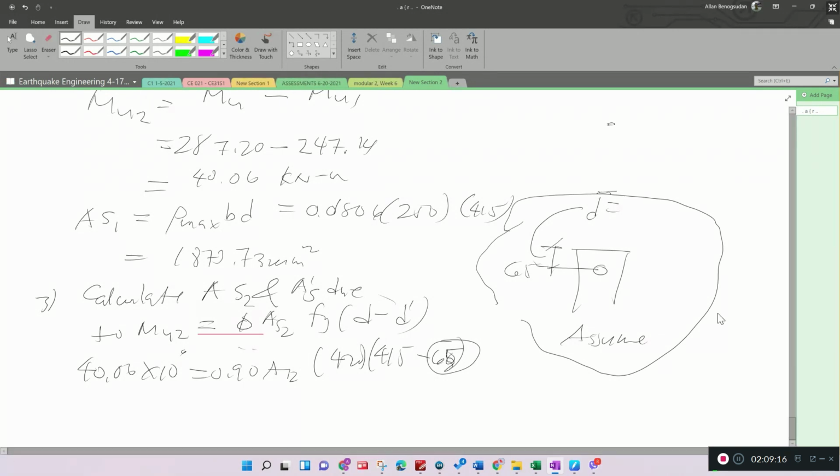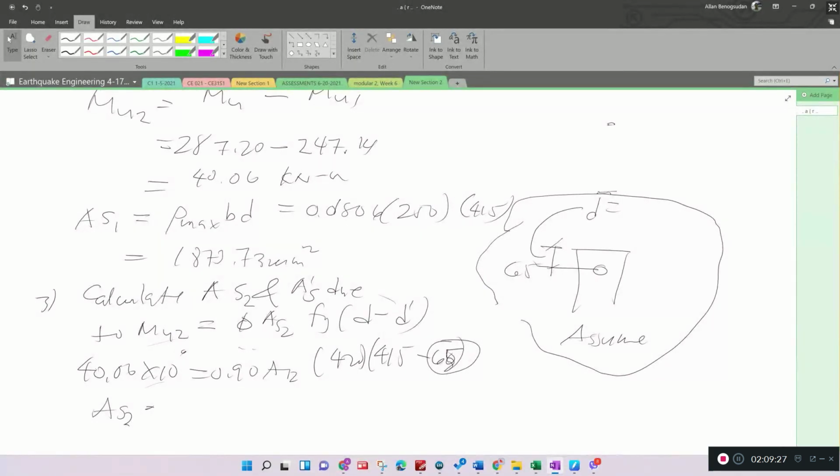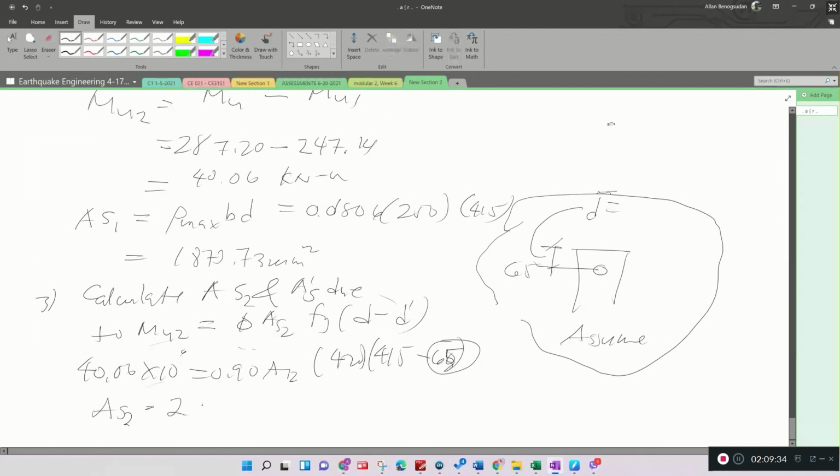Okay, so AS2, you get your AS2 here. You look at the way they solve it, but I think it just amounts to the same number. It was just the same. So if this kind of solution is okay with you, then you can adapt that.